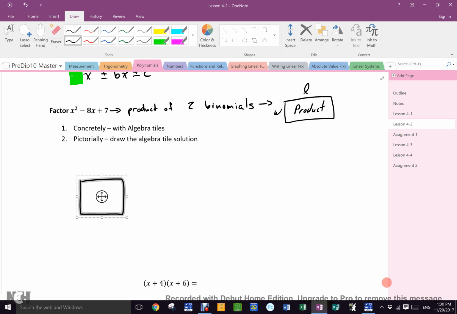But they both have to fit into this rectangle, don't they? So 7 only splits up in 2 ways it can be put in a rectangle, doesn't it? What are they? 3 and 4 in a rectangle? 1 and 7. Thank you, Lauren. You saved me having to draw it. But it has to be 1 and 7, doesn't it?